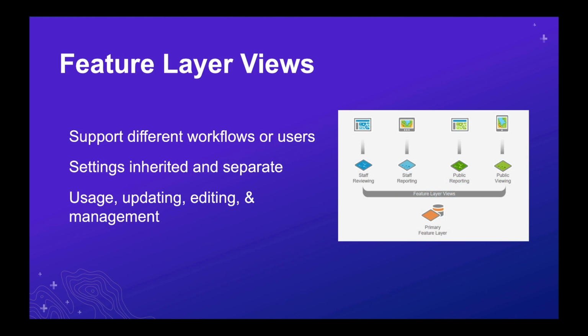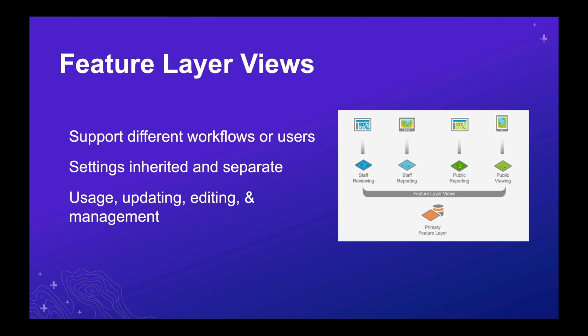Okay. One last note that I think is good to communicate is for feature layer views. So you don't always have to create a new service like I described in step 2 before. Instead, what you can do is you can create what's called a feature layer view, which is a new item in Online that references a primary authoritative layer and has separately configured settings and permissions than that primary layer.